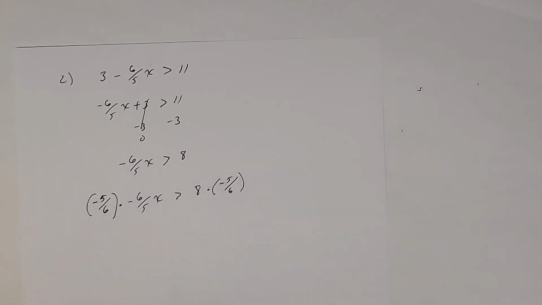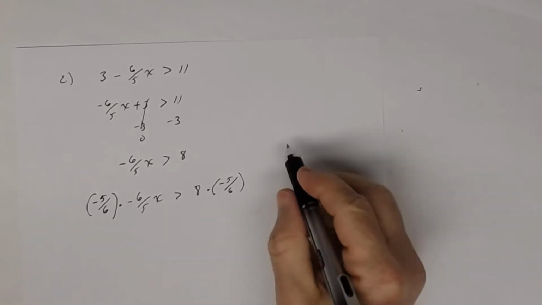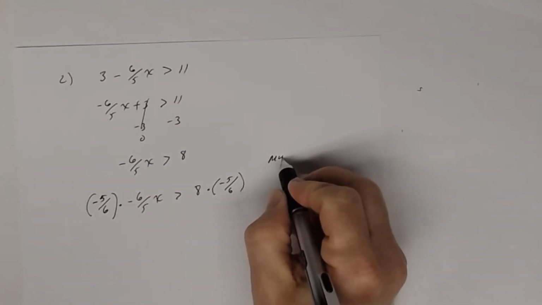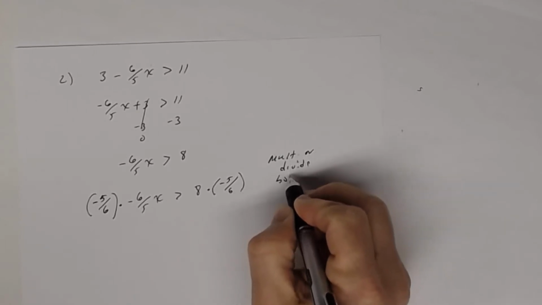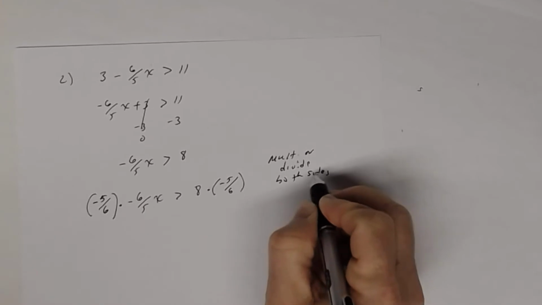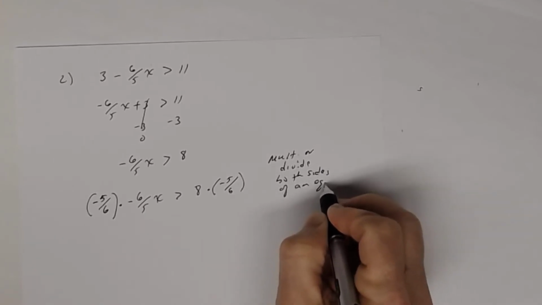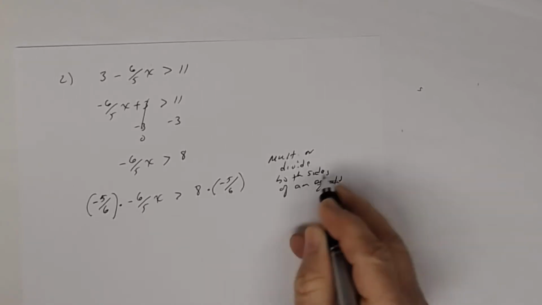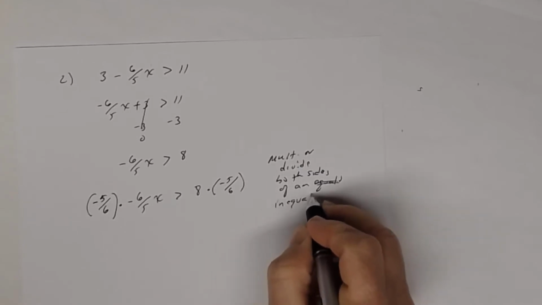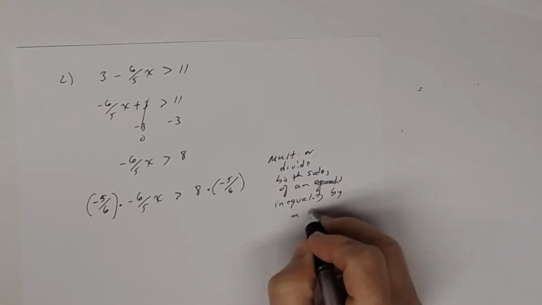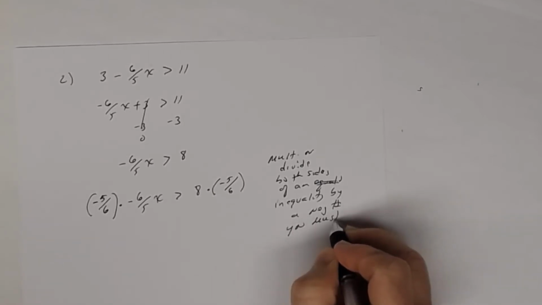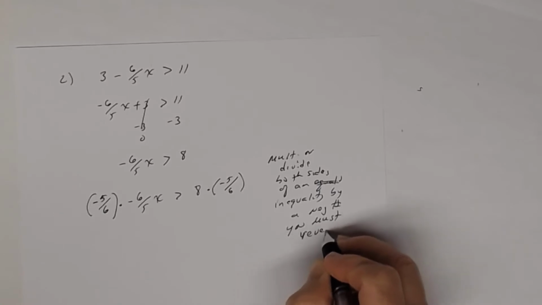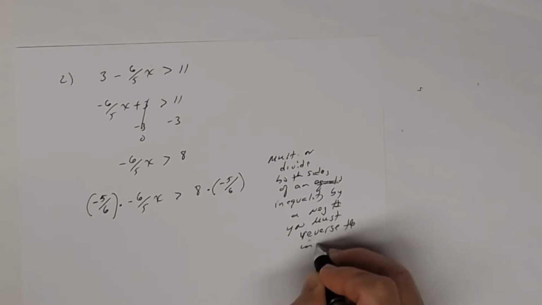Now, one thing you got to remember, remember this from a previous lesson, is that whenever you multiply or divide both sides of an inequality by a negative number, you must reverse the inequality symbol.